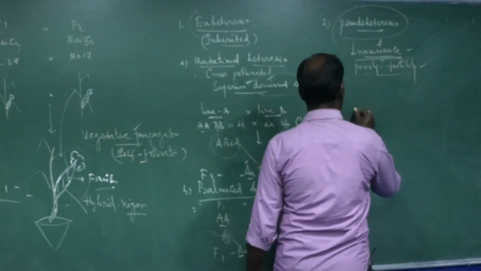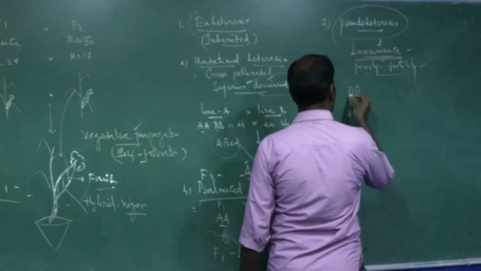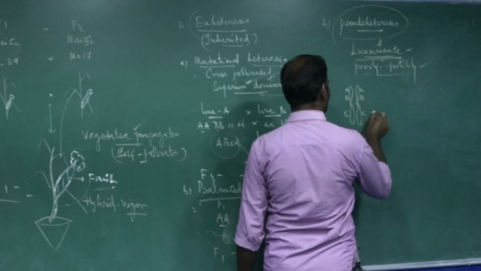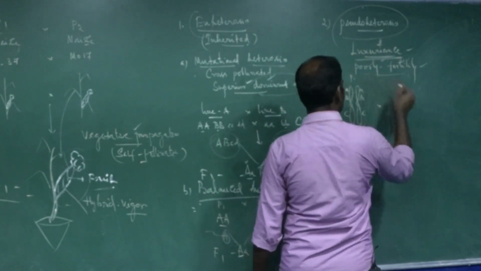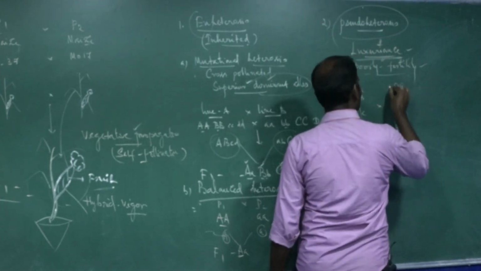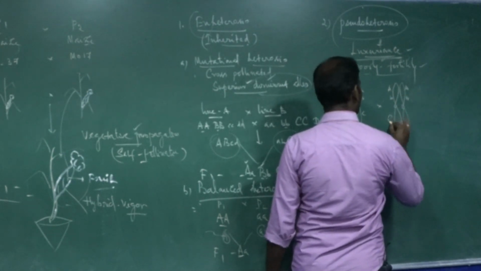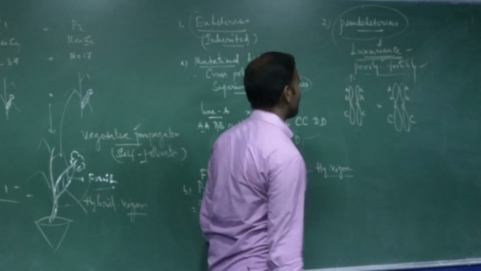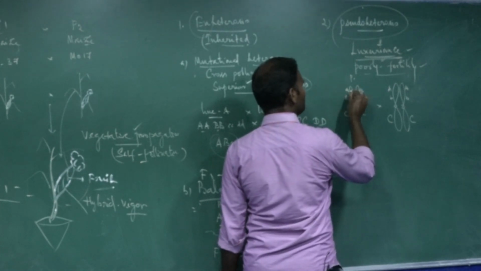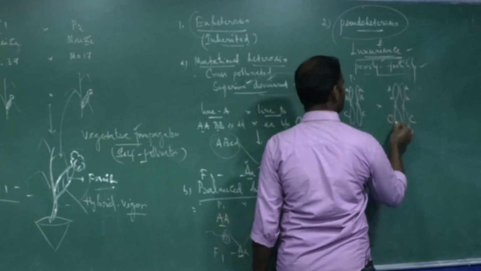For example, how do they cross? It's a gene combination: small a, capital B, capital C, crossed, it's parent 1. Another parent: capital A, small b, capital C. So it's pairs of alleles located at the same locus, recessive and dominant.